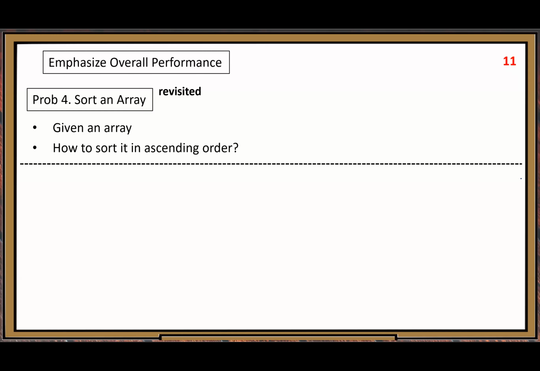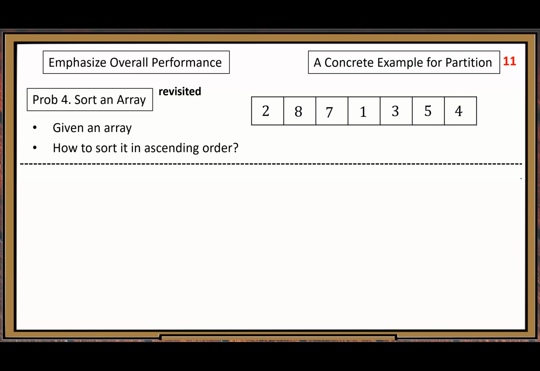Let me run that animation, so you will see step-by-step details here. The given array has 7 elements, and it is like this. We choose the last element as the pivot element.